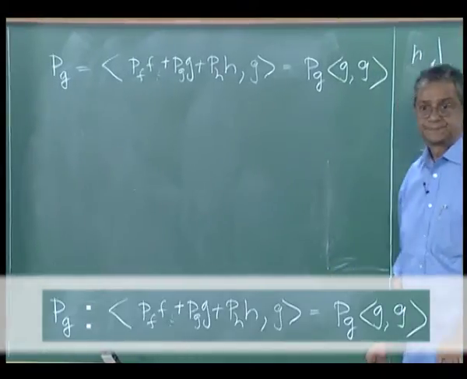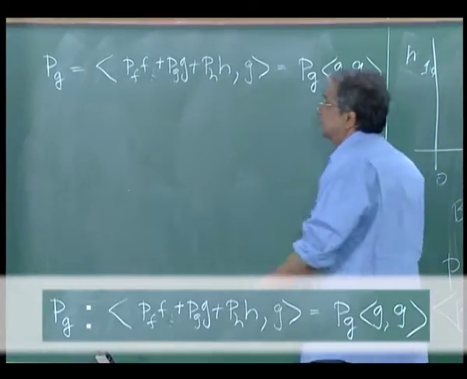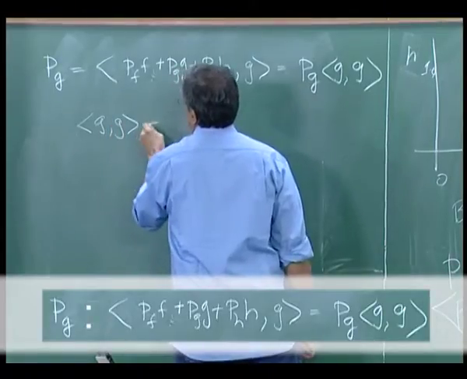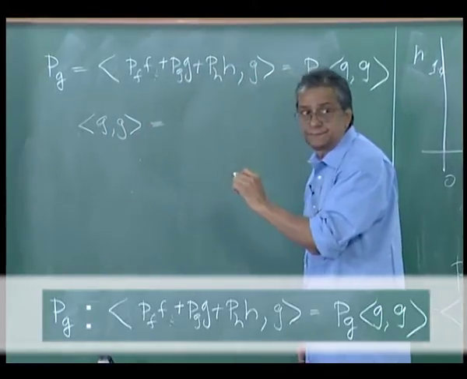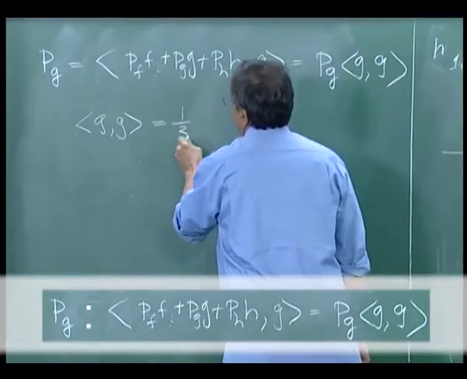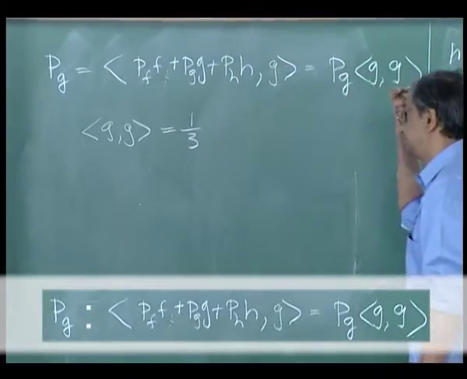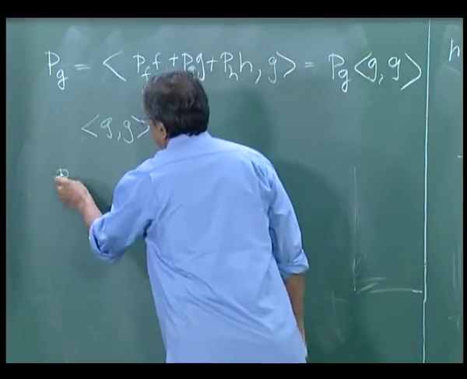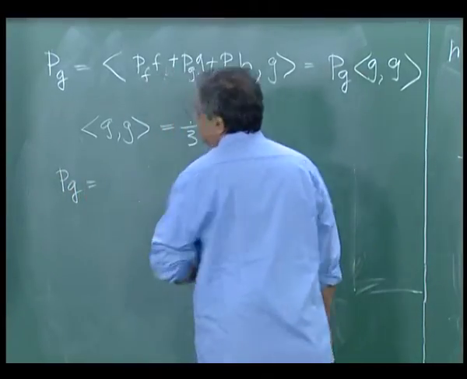Okay, and you can check that g dot g is going to be 1/3. G dot g is going to be 1/3, and therefore what is Pg?